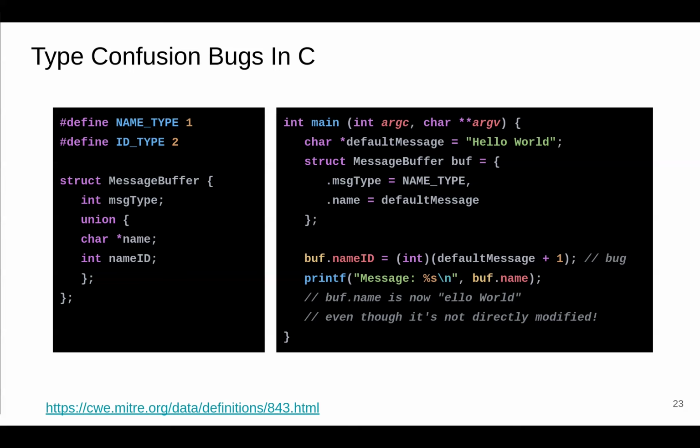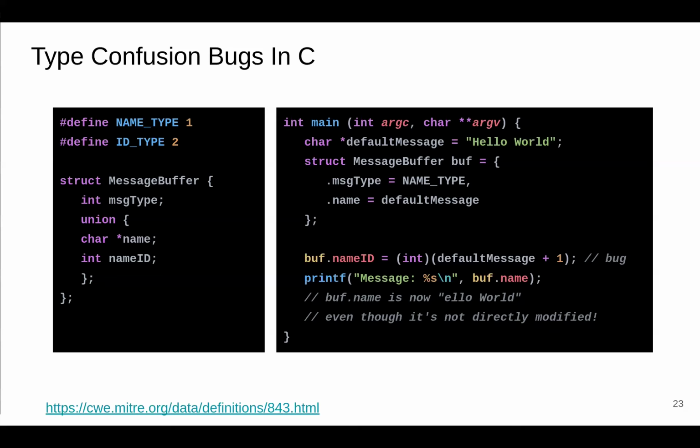And now the programmer is responsible for using these two fields in the correct way, both of which point to the same bytes in memory. Now if you look at the bug here, we're setting the message type to name type, which means that the programmer is only allowed to access the name field, because the name field and the name ID field both point to the same 4 bytes in memory, right?